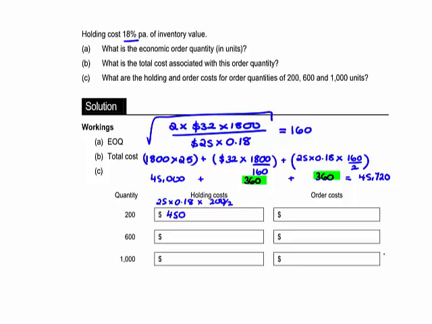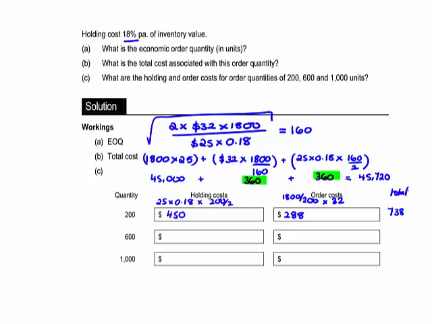The ordering costs then, well, 1800 divided by 200 is going to mean we make 9 orders during the year, and the cost of placing an order is $32. So my whole ordering costs will be $288. And what you can see is that total is 738, and that's marginally higher than the EOQ.